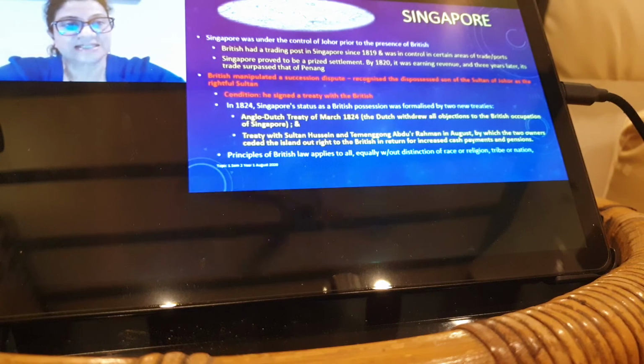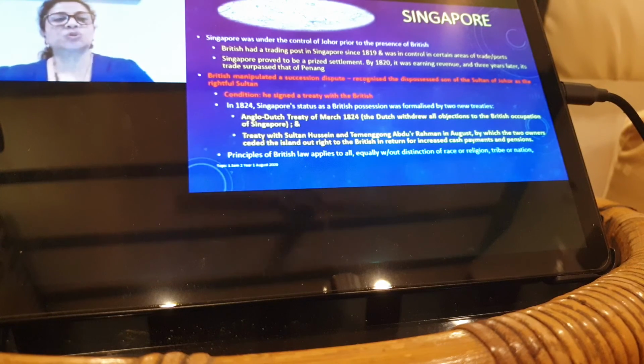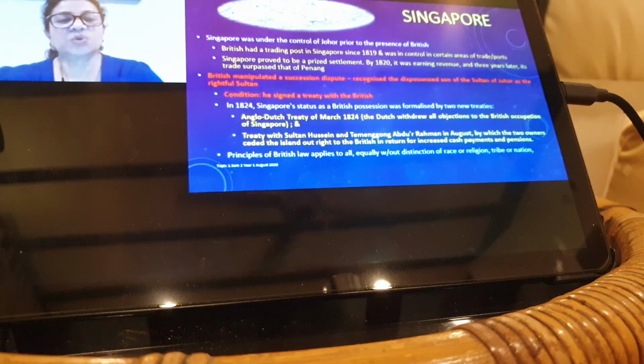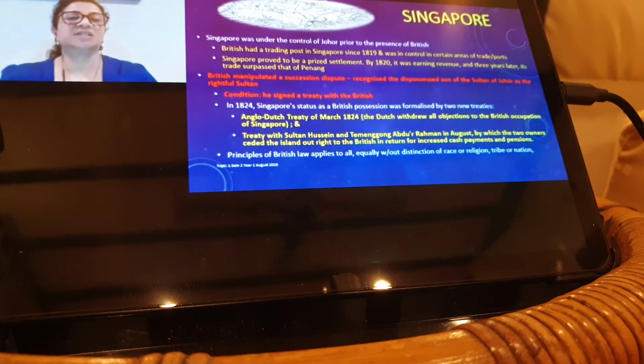Firstly, the Anglo-Dutch Treaty that was executed in March 1824, where the Dutch withdrew all objections to the British occupation of Singapore. And there was also another treaty with Sultan Hussein and Temenggung Abdul Rahman in August, by which the two owners ceded the island outright to the British in return for increased cash payments and pensions.